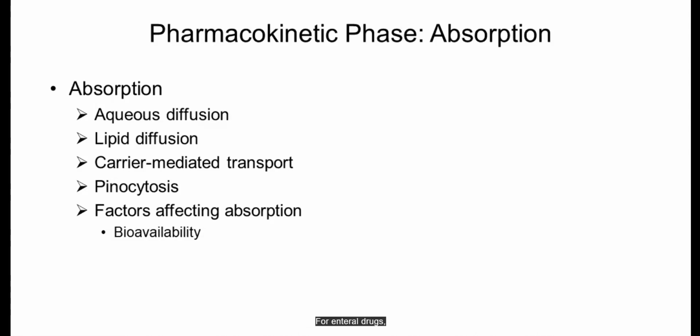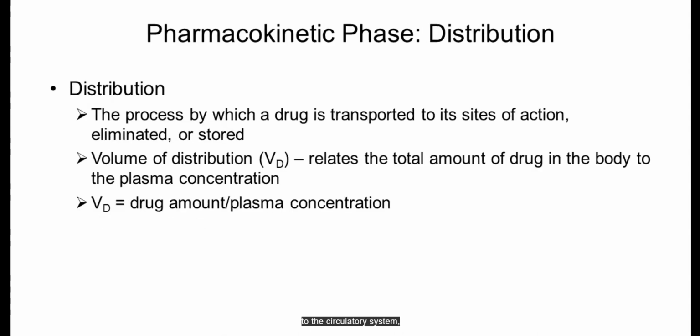For enteral drugs, those given orally, etc., there is less bioavailability due to first-pass effect, which we will discuss in a minute. For parenteral drugs, bioavailability is greater due to either direct introduction of the medication into the bloodstream, IV, or areas of rapid diffusion to the circulatory system, such as intraosseous, IO.